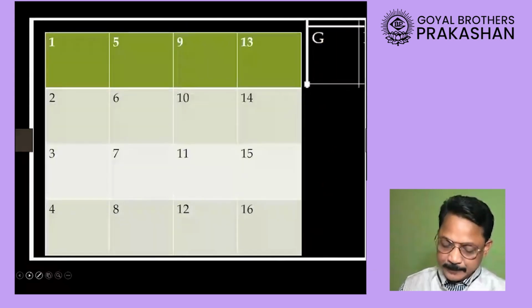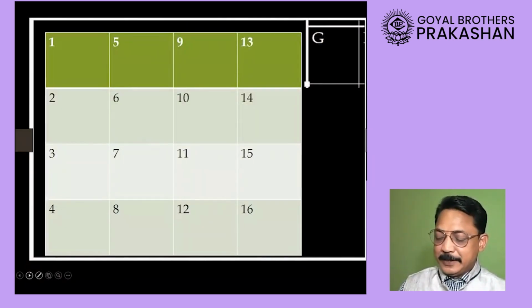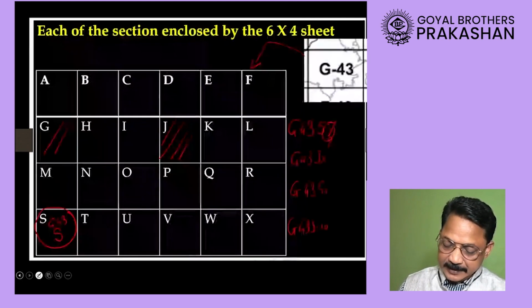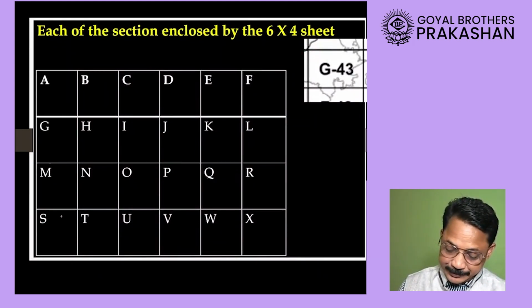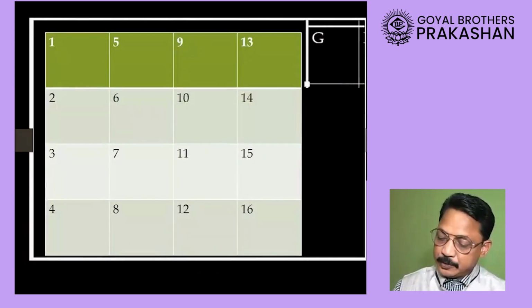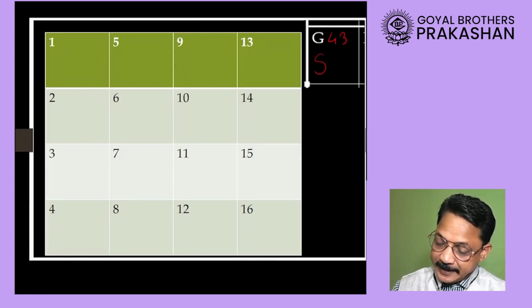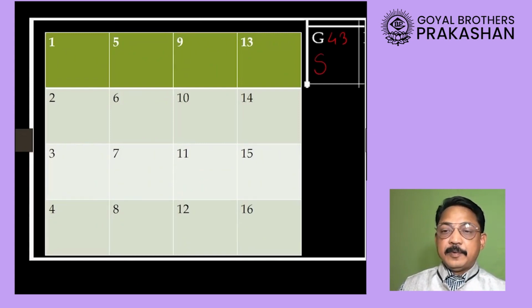Dear students, it's very simple. Please understand that when we take G43's section S, this is the G43. In that one, I have taken S. That S is further divided into 16 parts.